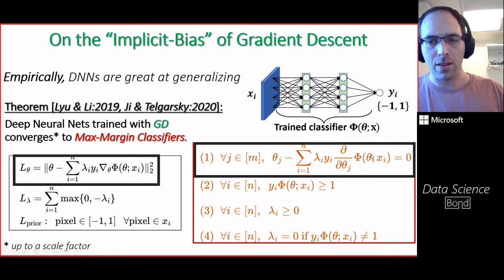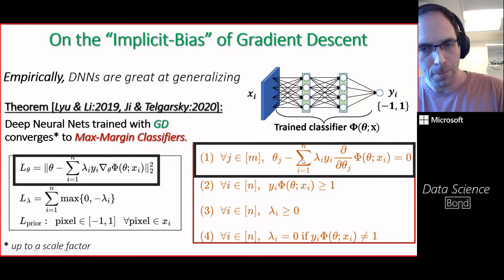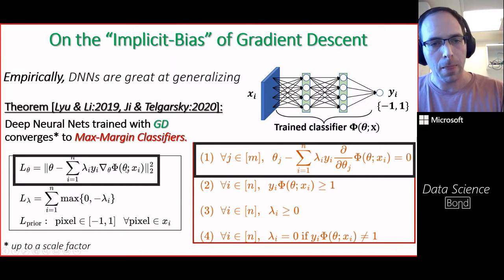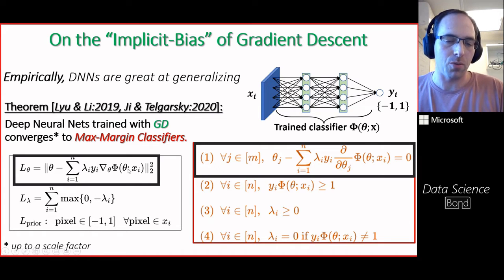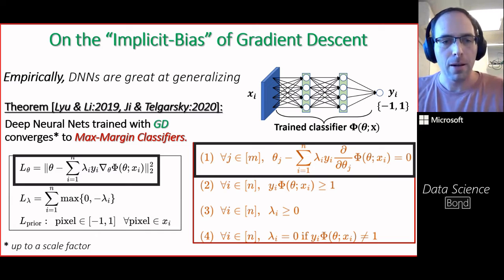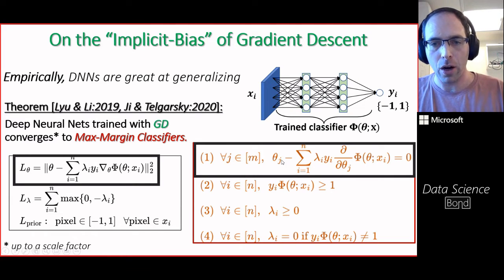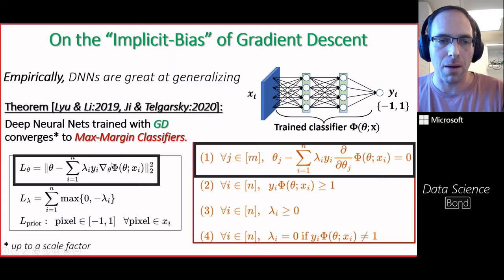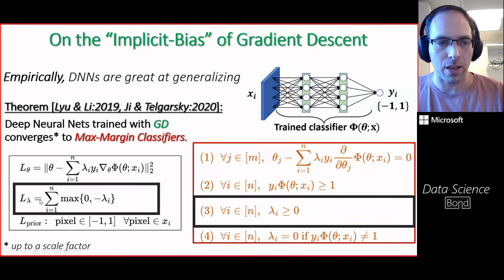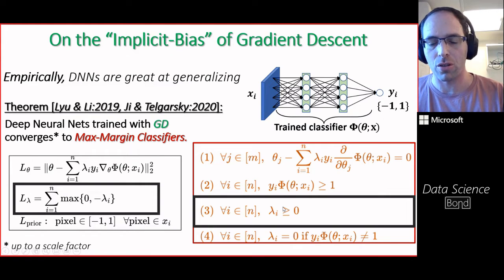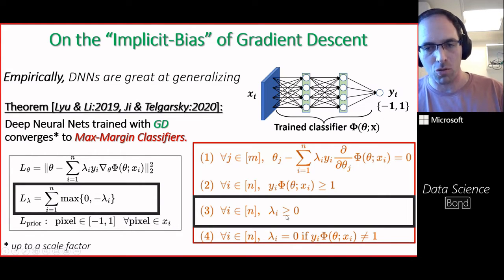But if we believe that our model converged to this solution, if the thetas, the parameters of the model, converge to this solution, then we can just find the x's, because now we have the parameters. We want to find the input x's that would satisfy this equation, or that would just minimize this loss. We also have another loss, related to the third equation, that requires all these lambdas to be positive.